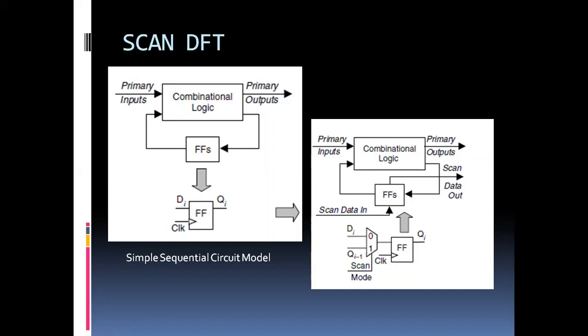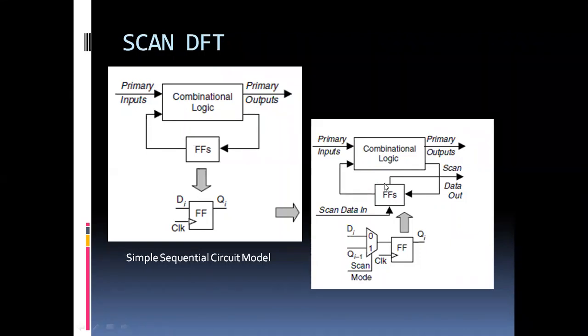What we are doing is giving the scan data in, and we are having an additional output for each flip-flop, which is scan data out. We are inserting an extra logic, which is a multiplexer in this case, to control this data in and to observe the output coming from the flip-flop. When I know the output coming from the flip-flop, which is going as the pseudo primary input, I know what the state is.